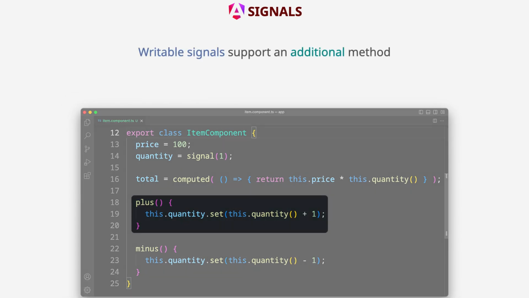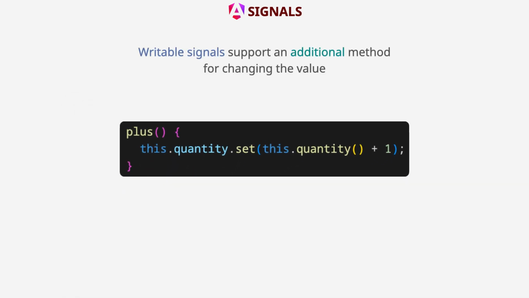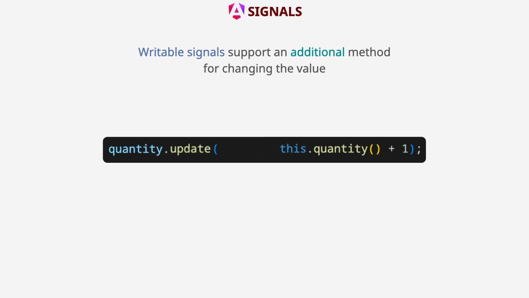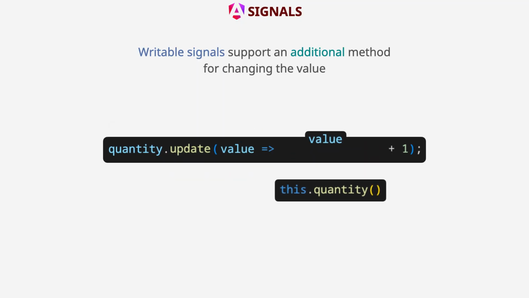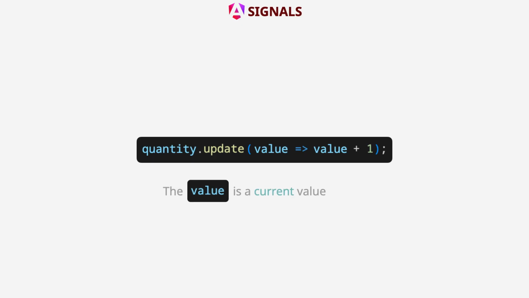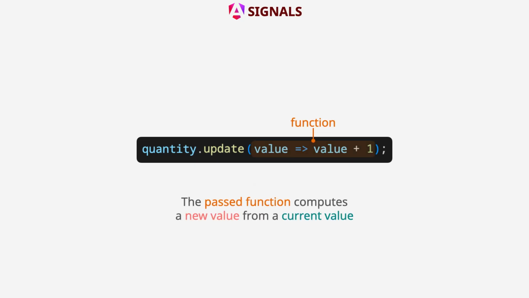Writable signals support an additional method for changing the value. The value is a current value. The update function computes a new value from a current value.